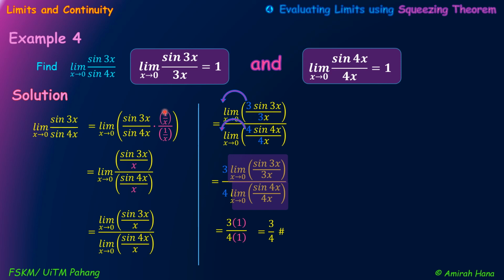That's why we multiply by 1 over x in the numerator and 1 over x in the denominator. And we need to adjust the denominator until it exactly equals the argument of sine, so that we can use the squeezing theorem. Got it?